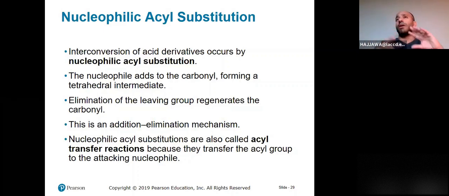These structures interconvert through a type of reaction called nucleophilic acyl substitution, because all it requires to go from one to another is a nucleophile attacking the carbonyl carbon, kicking off the leaving group. So that's important to keep in mind. You could also call them acyl transfer reactions, because technically you are transferring a group to be attached to the acyl group instead of the one that exists.